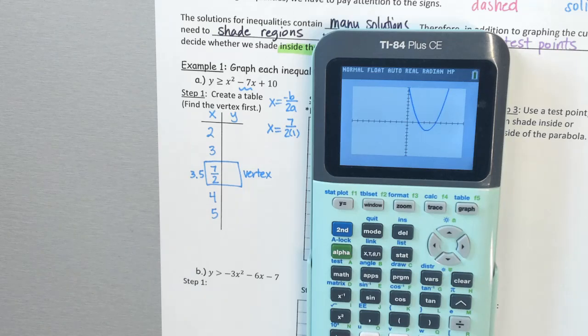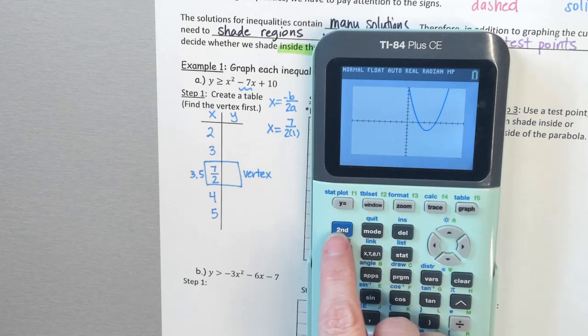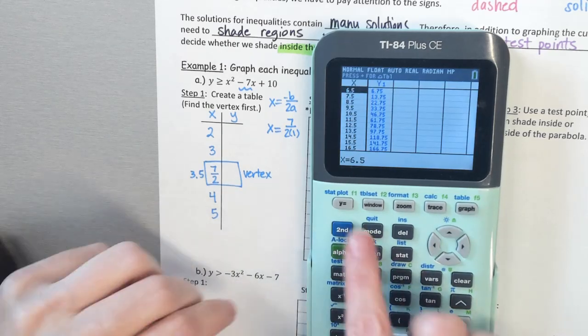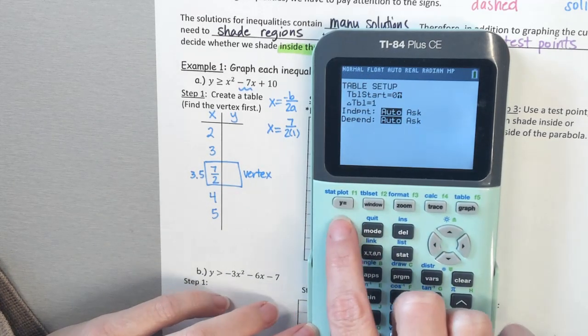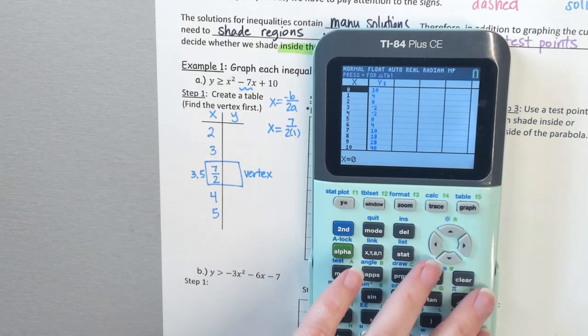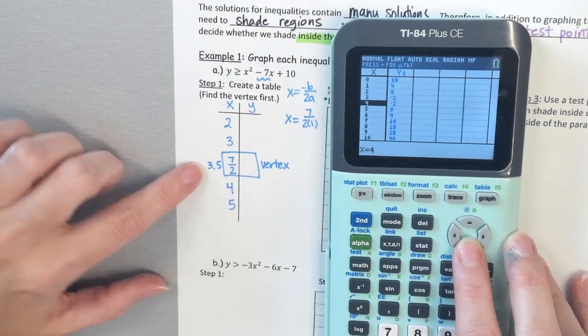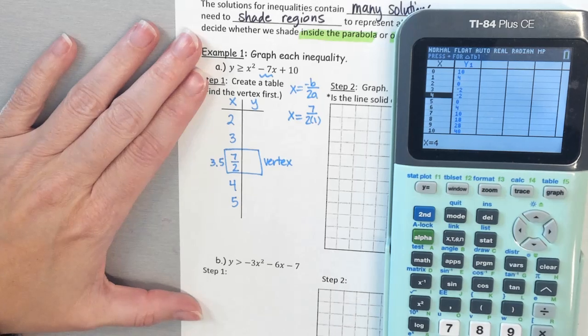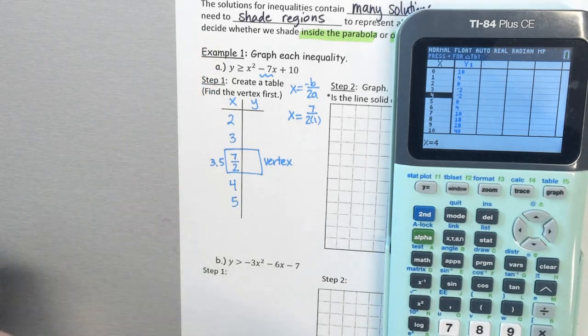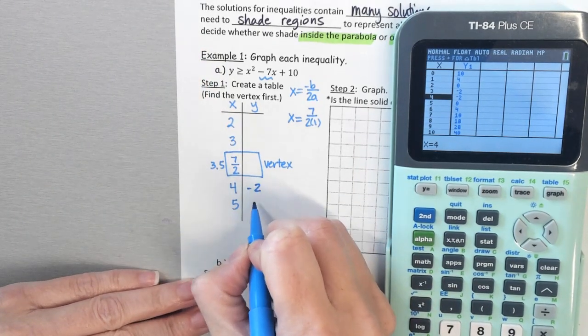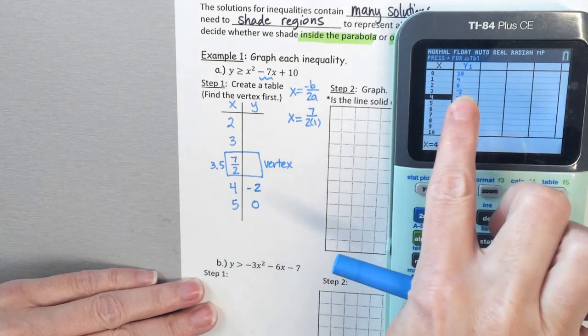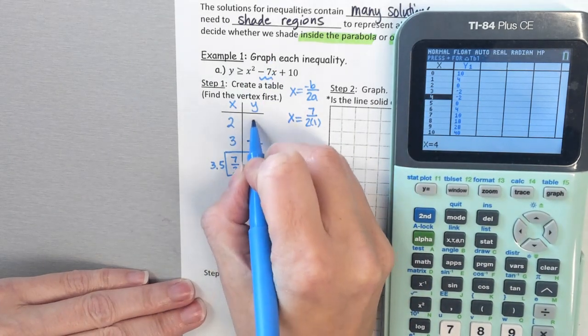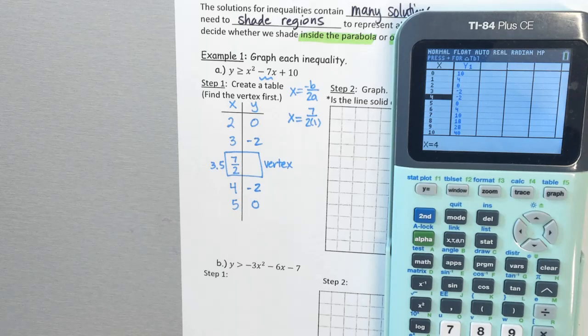They're always going to show you that with the solid line when you're graphing because it's not the inequality there. So if you go to your table, a lot of your tables will start at 0. Okay, you can find the 4 and the 5. So you have -2 and 0. And then you can see at 3 you have -2 and 0. Those should be symmetric.